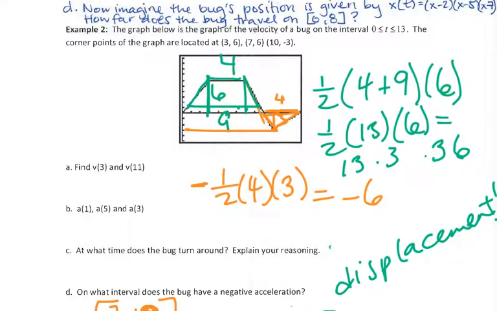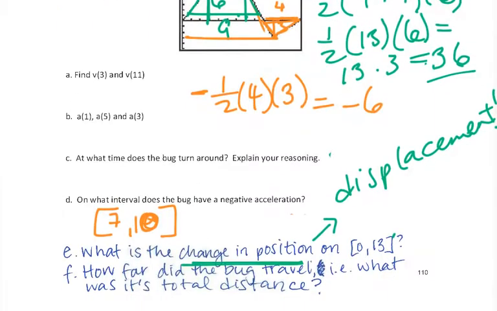Okay, so we have a positive displacement of 39, then we go -6. So we've gone 6 in the other direction, which means our total displacement, when we add these together on this interval, ends up being 33. 33 meters, or whatever the units are for this problem.